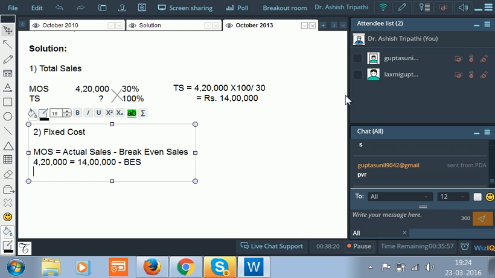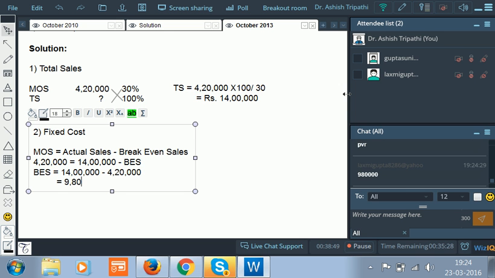So we can say break-even sales is equal to 14 lakhs minus 4,20,000. Let us calculate, 14 lakh minus 4,20,000 will give you 9,80,000. Excellent.